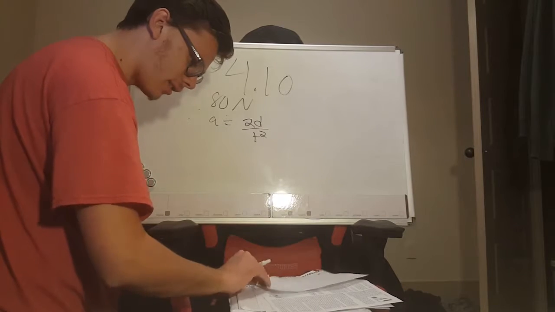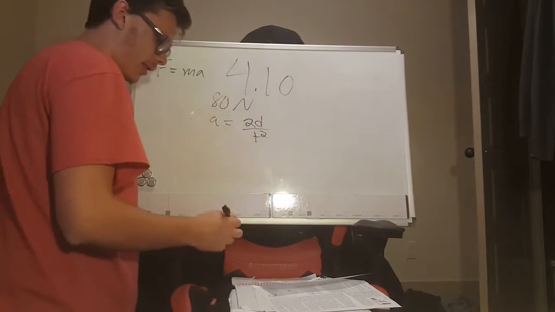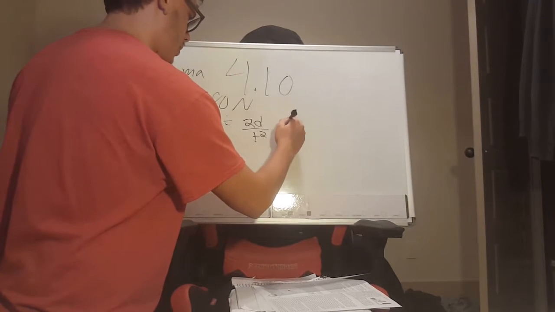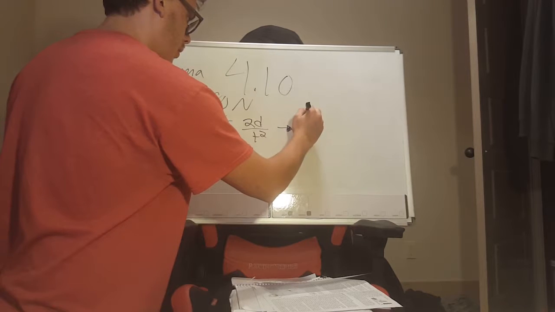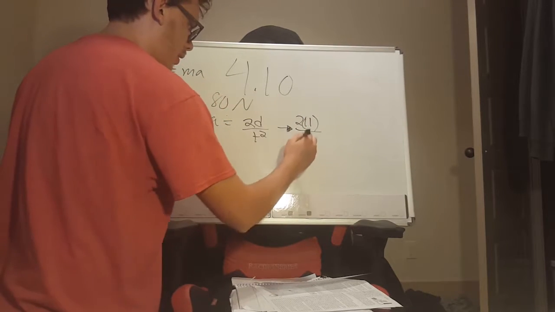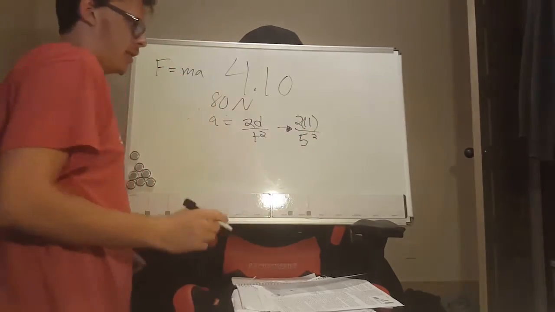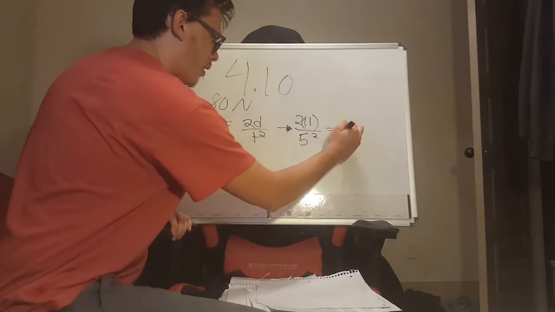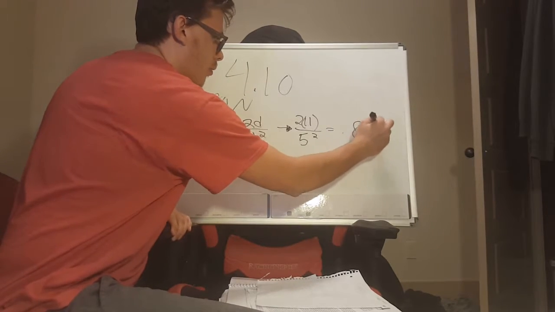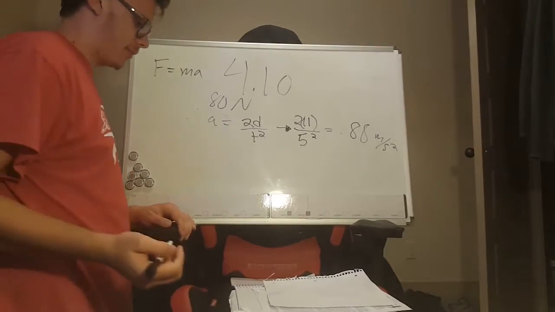So what you do is you just plug in d, which is 11 meters. So we'll just do two times 11 over 5 seconds, 5 squared. Once you compute that, you'll get 0.88 meters per second squared. That's our acceleration.